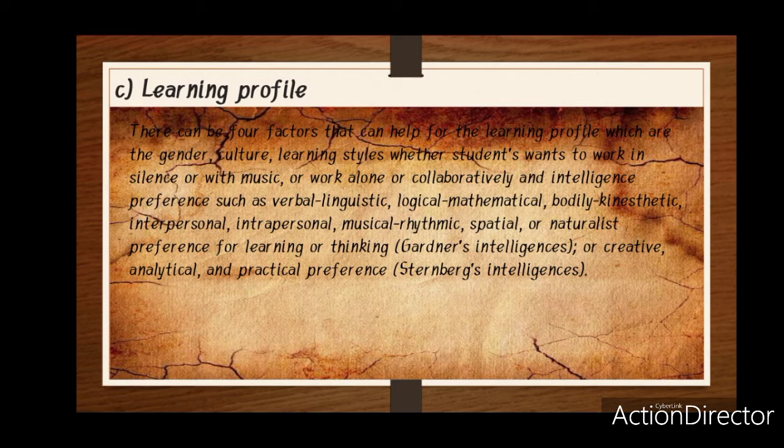Lastly, we have C, learning profile. There can be 4 factors that can help for the learning profile, which are first, gender, second, culture, third, learning styles, whether students want to work in silence or with music, work alone or collaboratively, and then fourth, we have intelligence preference, such as verbal linguistic, logical mathematical, bodily kinesthetic, interpersonal, intrapersonal, musical rhythmic, spatial, or naturalist preference for learning or thinking.